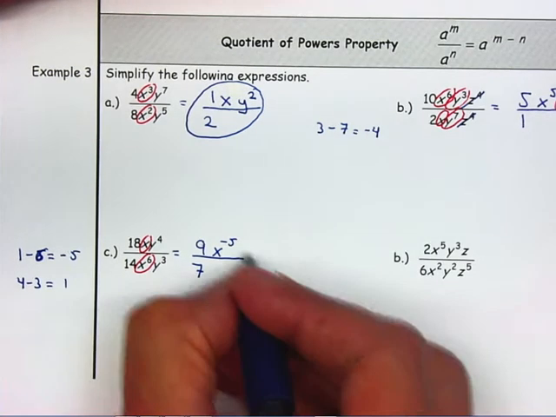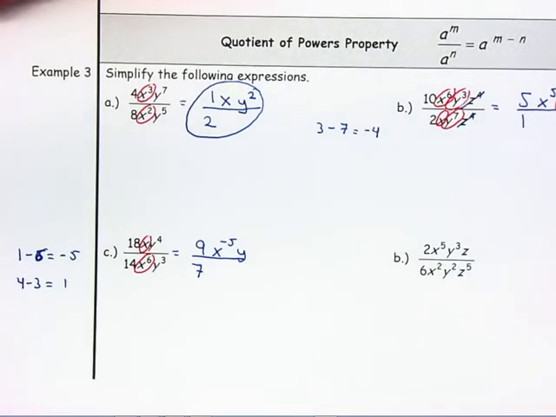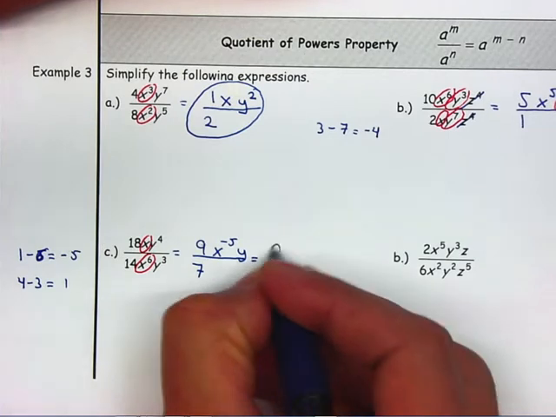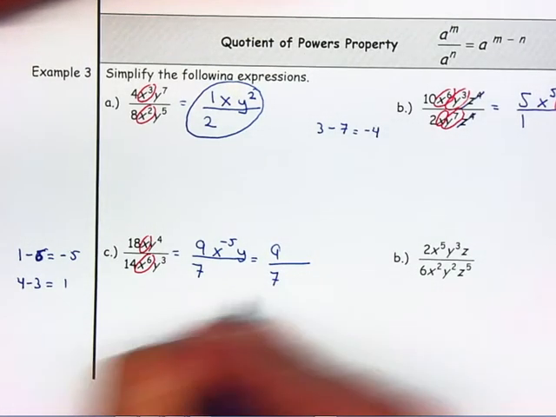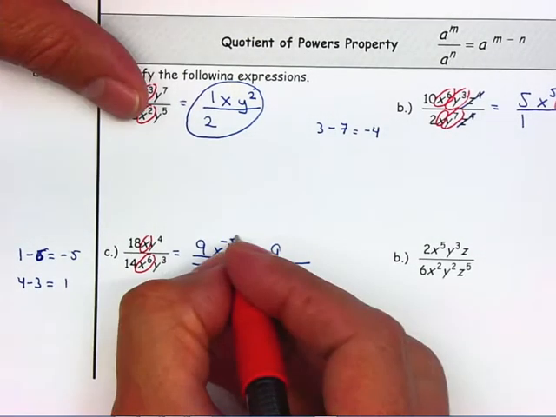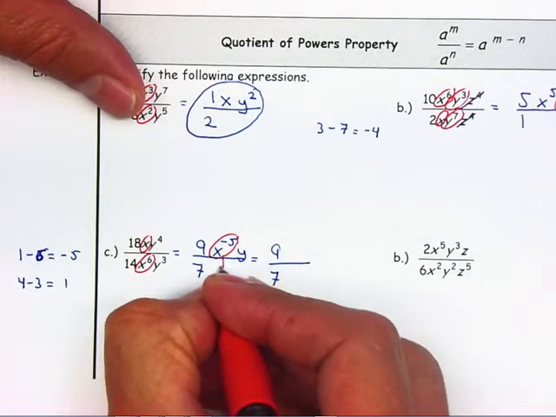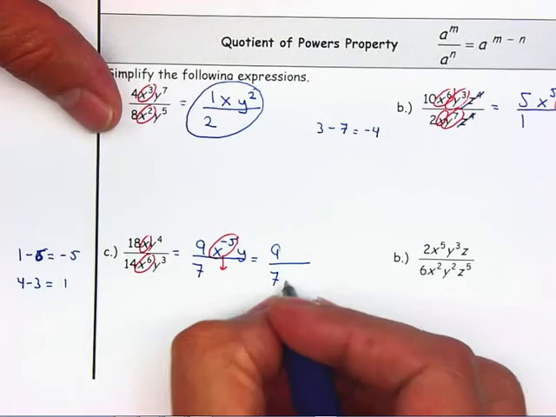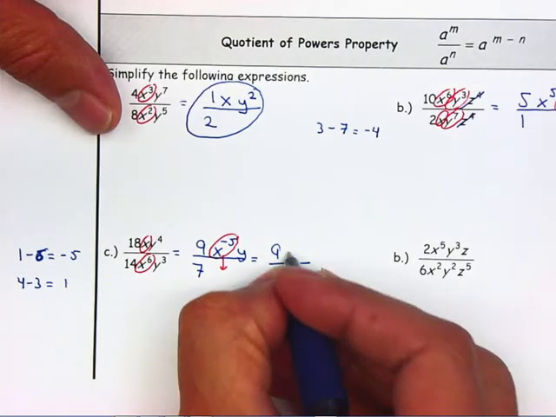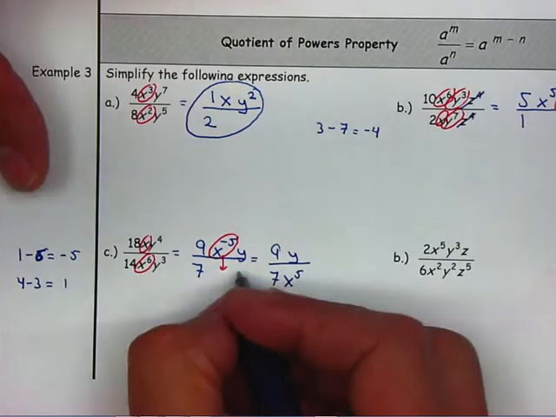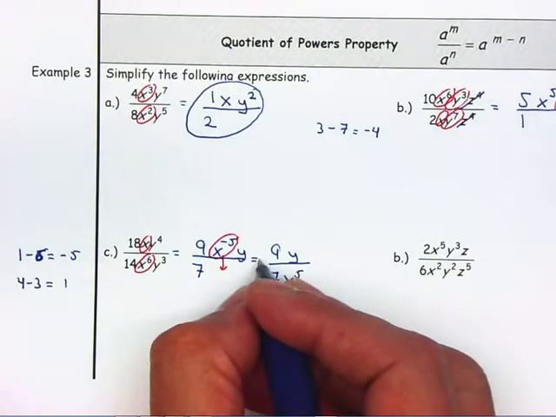So this will be y to the 1. But I don't need to write down the 1. If I have a negative exponent, I'm going to bring it to the opposite side to make it positive. In this case, I have a negative x exponent. I'm going to bring it down. That gives me x in the denominator, and the y stays on top. That is the quotient property of exponents.